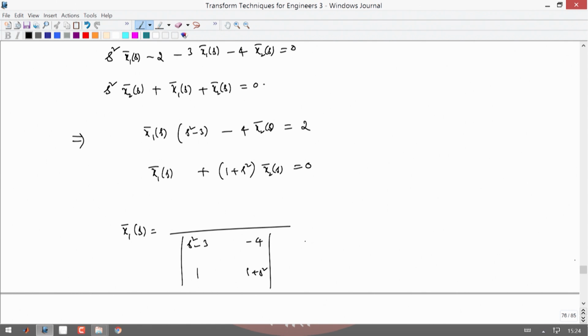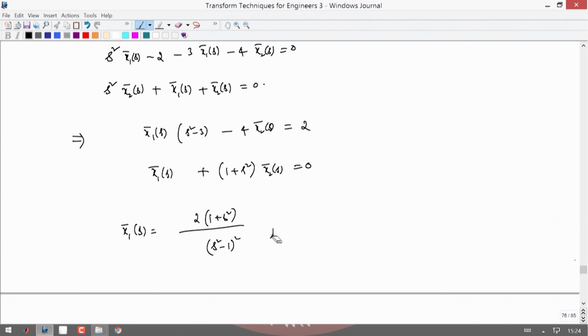So, if you actually calculate, what you get is written directly as s square minus 1 whole square. The numerator, so you have 2 0 here and here minus 4 1 plus s square. So, you have 2 times 1 plus s square.